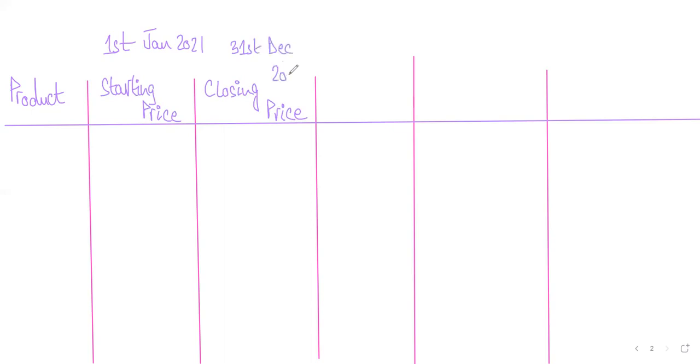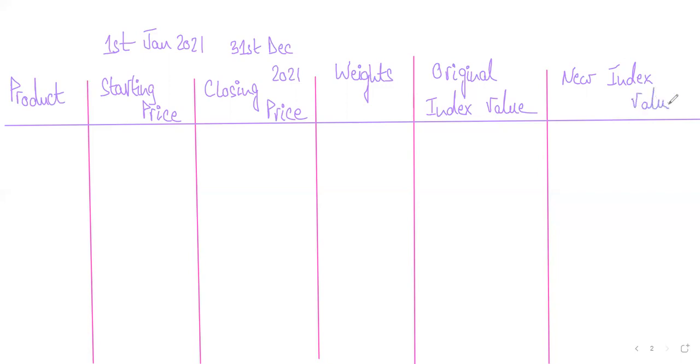Then the next column had weights, and then the last two columns that we will see in a bit are original index value, and the last one is new index value. Okay, now students, have a look at this.